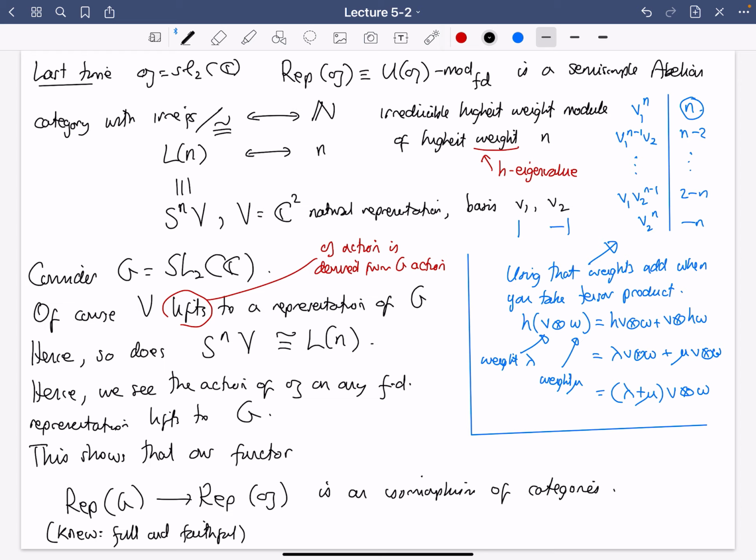So essentially we've seen this by brute force, right? We just classified all objects in this category downstairs and saw that the action of the Lie algebra comes from an action of the group on every single one of them. But this is something very special. We've just seen it for the Lie algebra SL2.